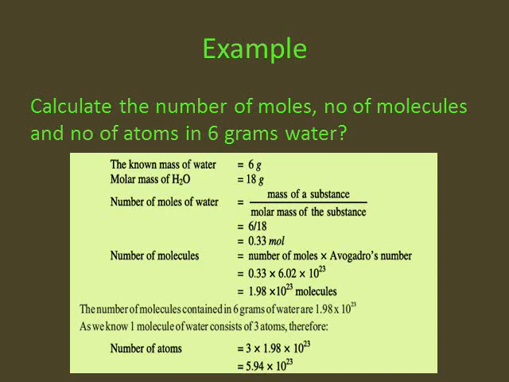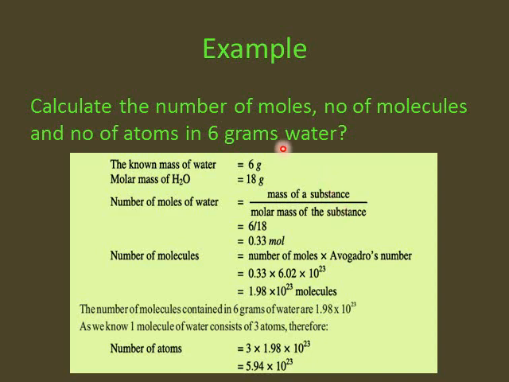Let's solve a problem. Calculate the number of moles, number of molecules and number of atoms in 6 grams of water. Now what is given? 6 grams. It means mass in gram is given. So to find the mole, the formula is mass in gram over molar mass of the substance.